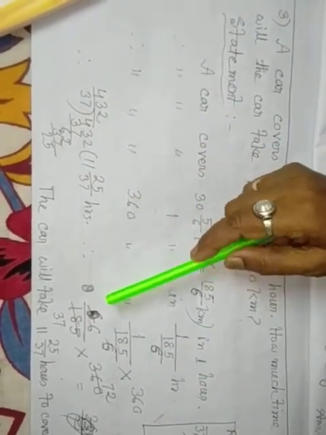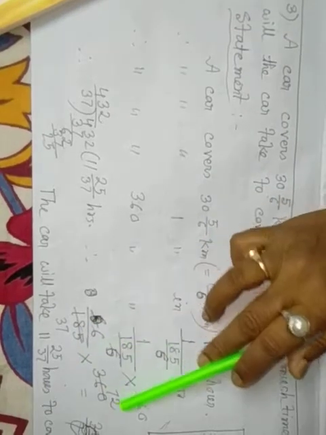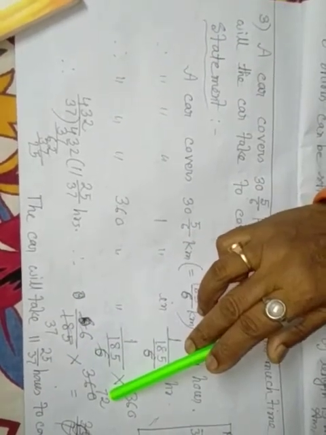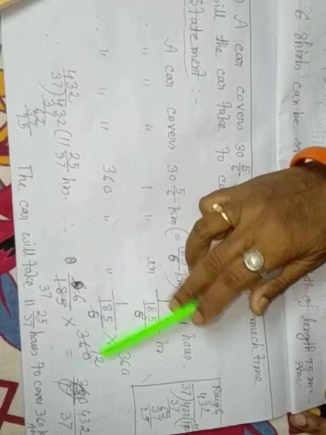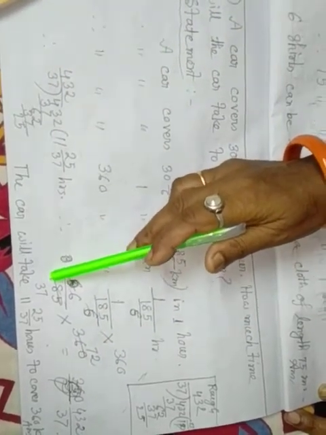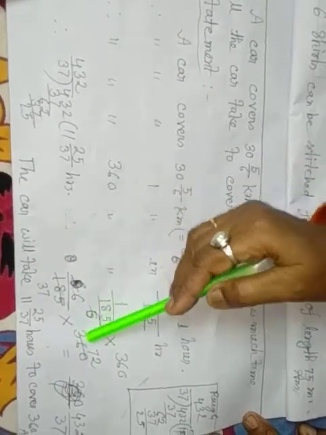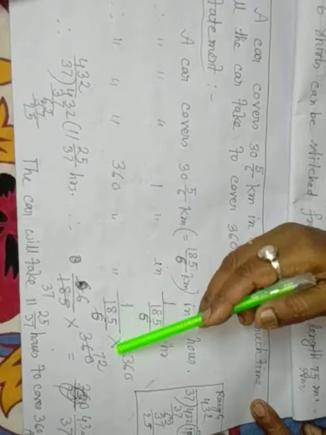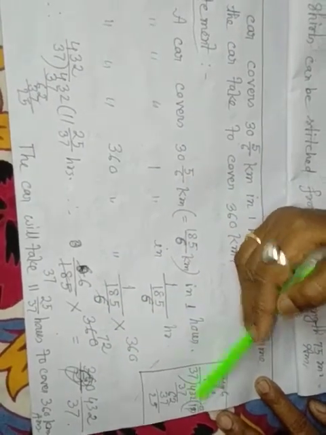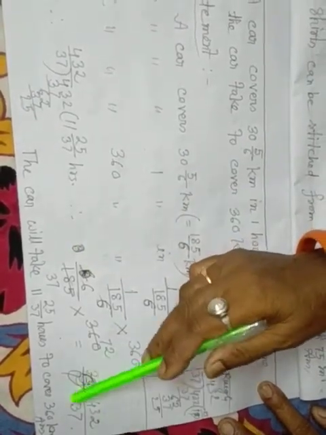So, 6 into 72, 6 into 72, 6 twos are 12, 6 sevens are 42, 43 by 37, that is 432 by 37.